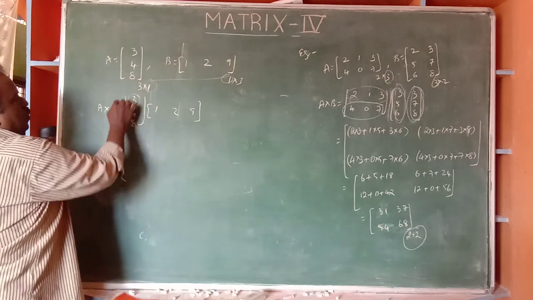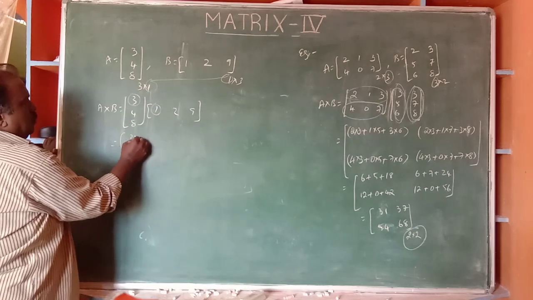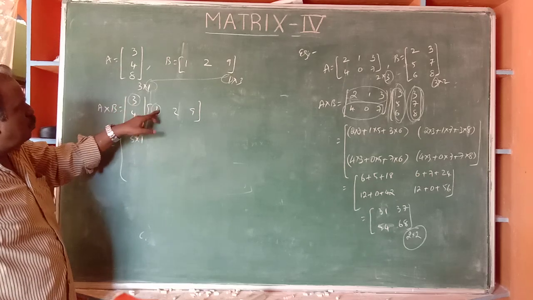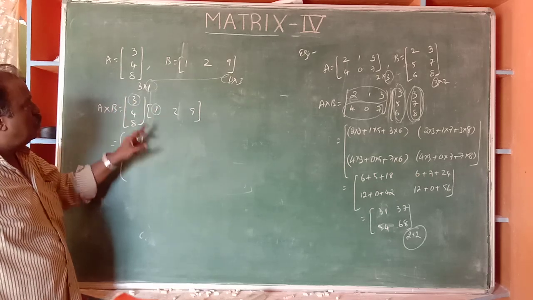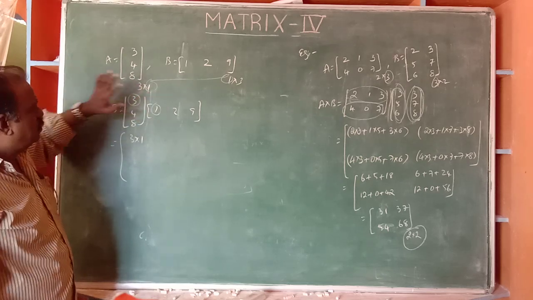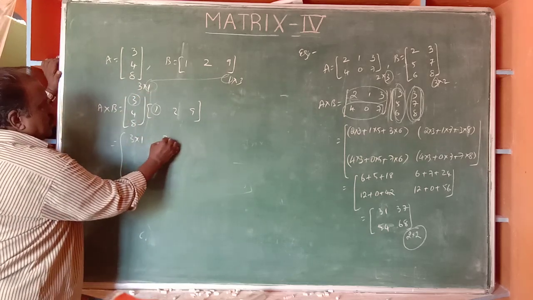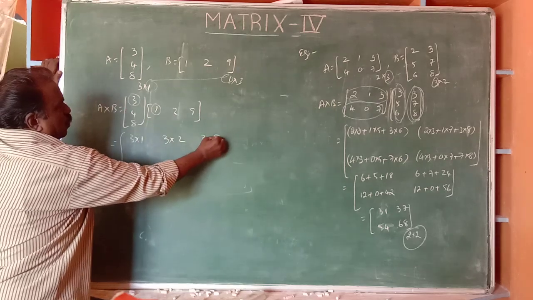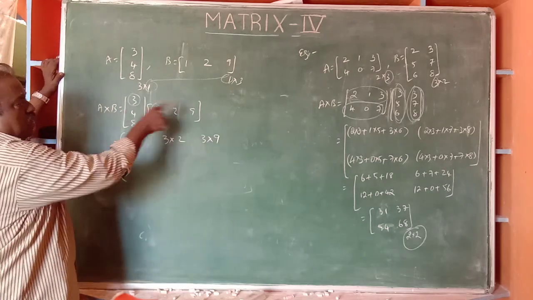It is first row, first column: 3 into 1. Don't confuse it as 3 into 1 plus 3 into 2 plus 3 into 8. That is wrong. First row, first column, okay. Next, first row, second column. First row, third column.